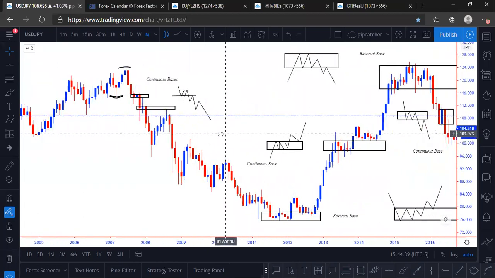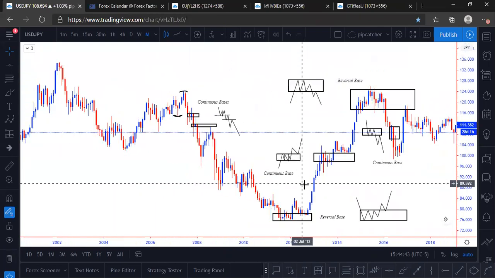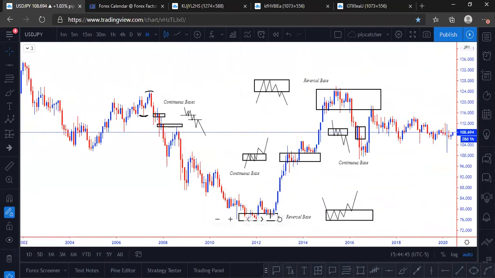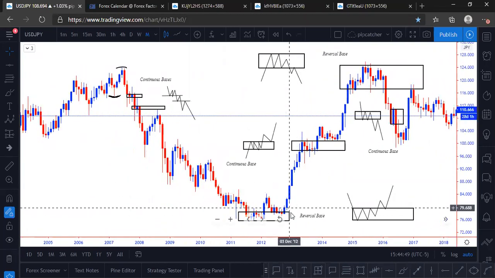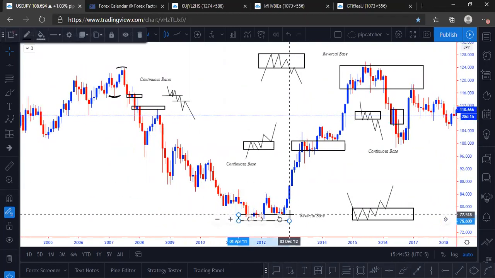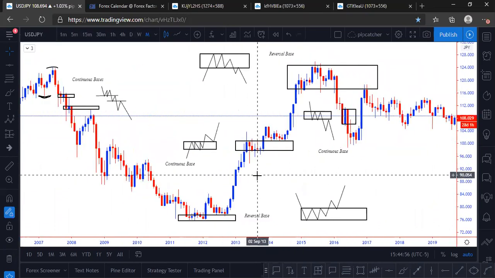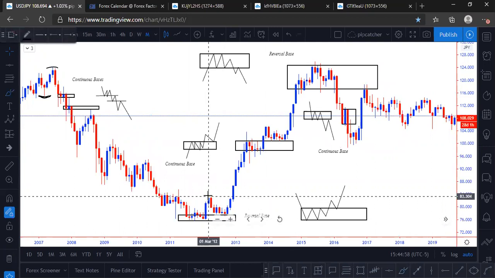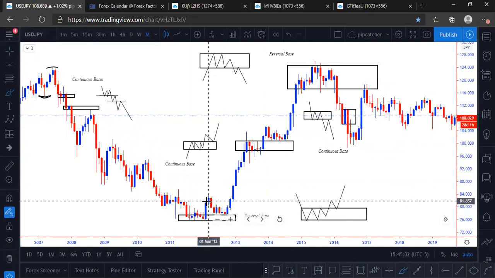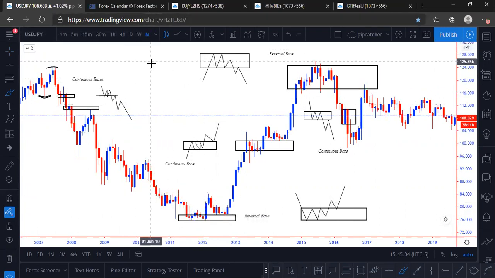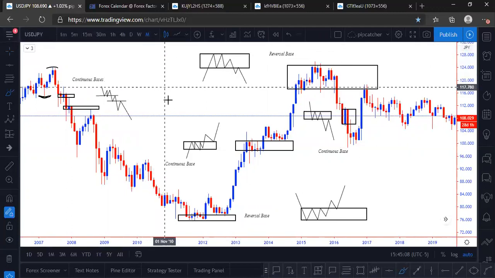Okay, so moving on here, all the way down here, right? This reversal base right here, you could say, I can zoom in, right? We see that impulse of a buy right there, right? But we are doing this lesson on the monthly time frame.